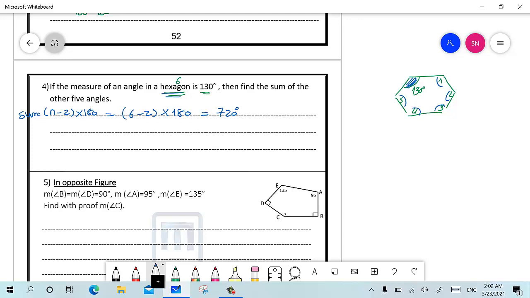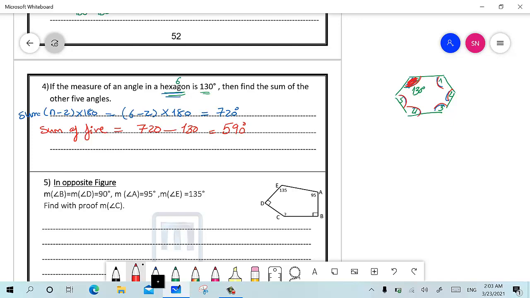What's going to be the sum of the measures of the other 5 together? Simply the sum of the 5 angles is equal to 720, which is the sum of all the 6 together, minus 130, which is one of them. So this is going to be equal to 590 degrees. The sum of the 5 is equal to 590 degrees.